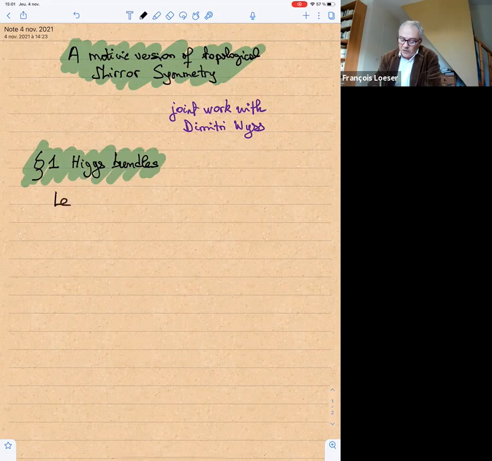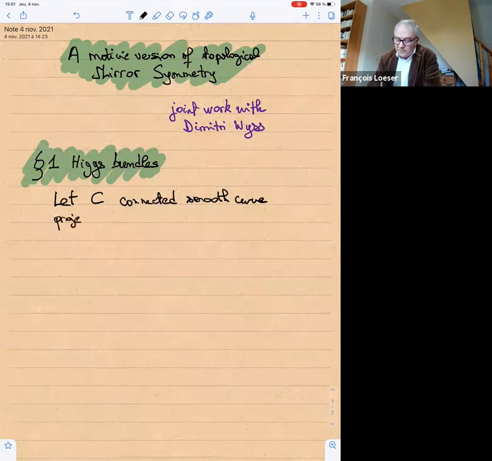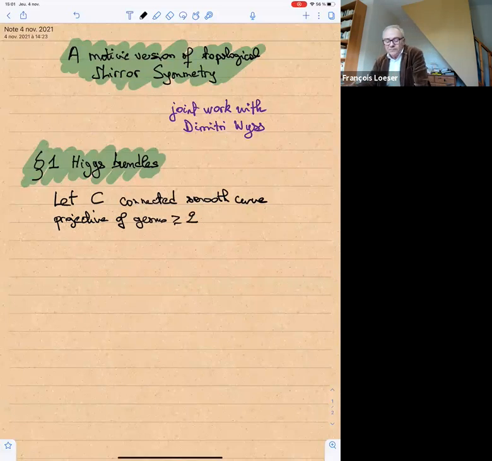So we will fix a curve C, say projective and of genus at least 2, over some field K, say of characteristic 0, for instance, the field of complex numbers.